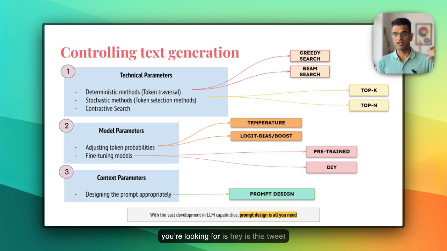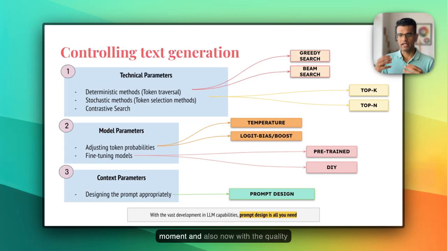Then what you're looking for is, is this tweet positive or is this tweet negative? In another case, you're trying to summarize a document, so you're trying to make the information concise. In each of those cases, what you're trying to do is control in some shape or form the text that is generated. You saw how the text is generated, and now what are the ways in which you can control the way in which this text is generated? There are three broad categories of ways in which you can control this. The first is called technical parameters, the second is called model parameters, and the third is called context parameters. It gives you a high level overview.